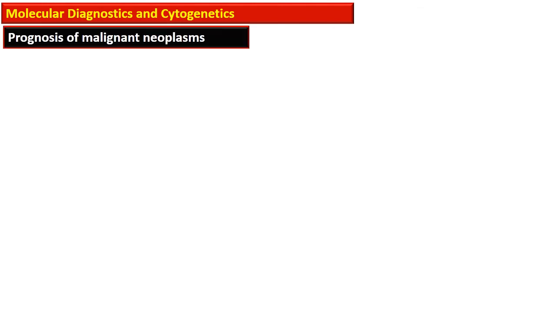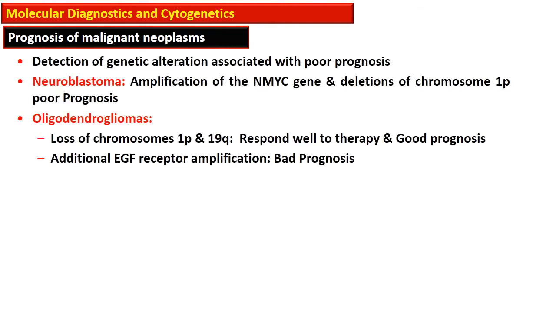The use of molecular diagnostics and cytogenetics is implicated in prognosis of malignant neoplasms also, because some of the tumors have specific genetic alterations, and these genetic alterations may be associated with good prognosis or poor prognosis.